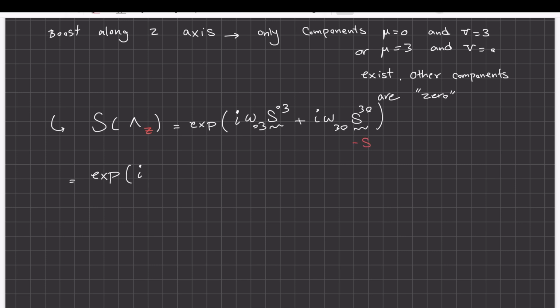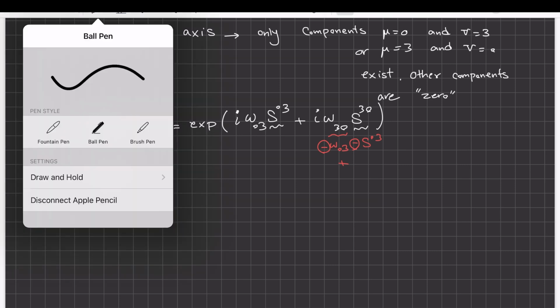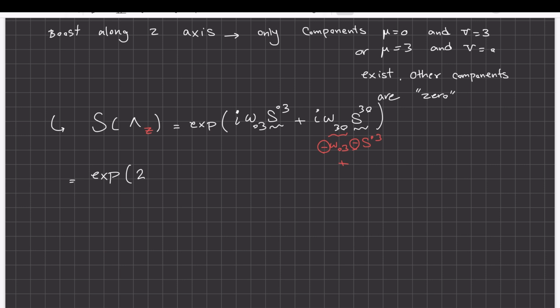I'm using this antisymmetric property, so each of those terms is the minus of the other term. So two minuses give a plus, and we basically have 2 times the first term, so 2i omega 03 S03.